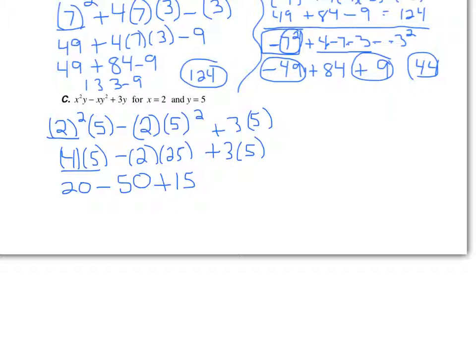And then I can do addition and subtraction. So 20 minus 50 is negative 30, plus 15. And we have a negative and a positive together, so 30 minus 15 is 15, and the sign of 30 is negative. So in this case, we would have a negative 15. Again, if the x were a negative 2 and you don't use parentheses, you will get a wrong answer if you were trying to do the correct math.